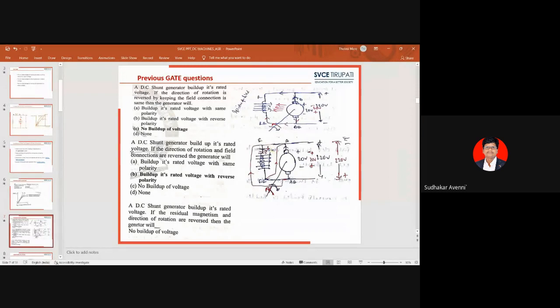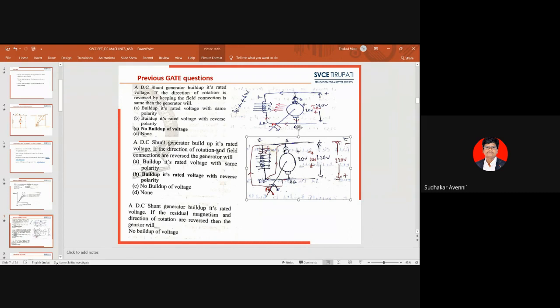Now see one more question. A DC shunt generator builds up its rated voltage.